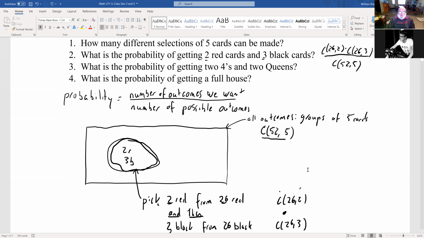So that's a way to calculate that probability. And if you actually calculate that and put that in your calculator, that should be 0.325. So about a third of all hands, if you pick the 5 cards at random, will be 2 red cards and 3 black cards. What about 2 4s and 2 queens?